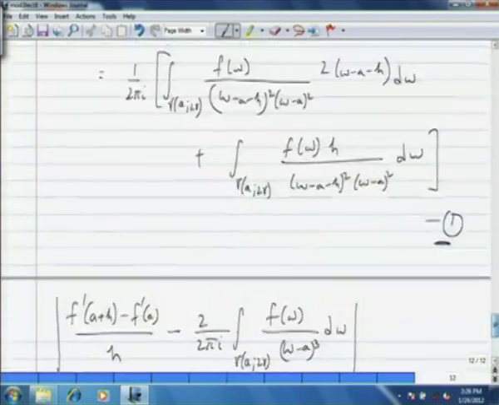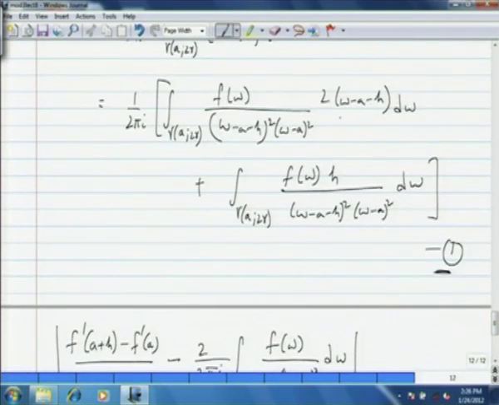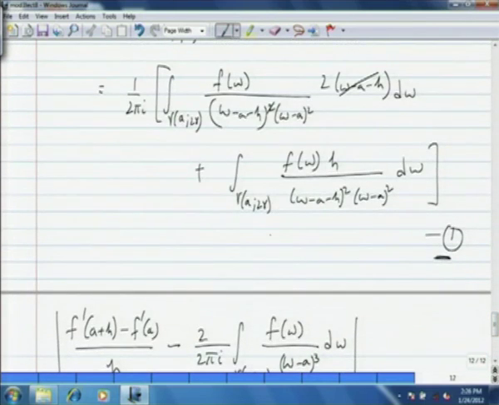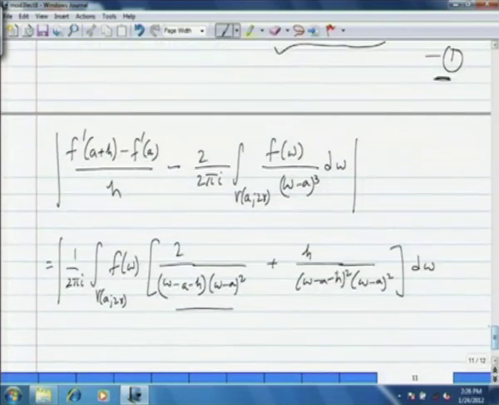So, actually what I have done is I have cancelled the w minus a minus h here with one factor here, and hence I have 2 by (w minus a minus h) times (w minus a) squared, and then for the second integral here I have h divided by all that.